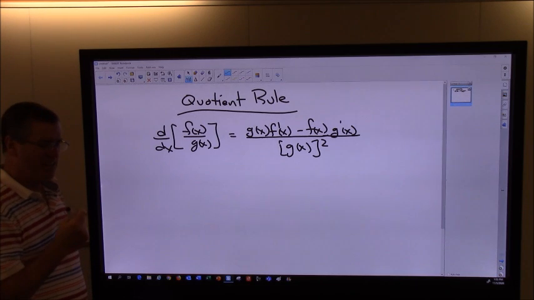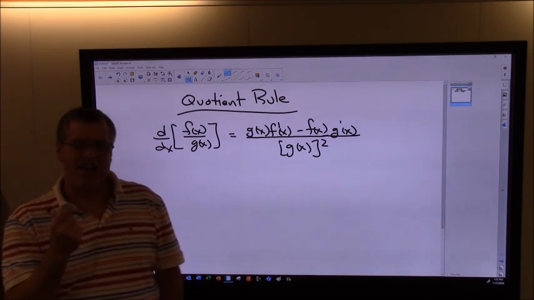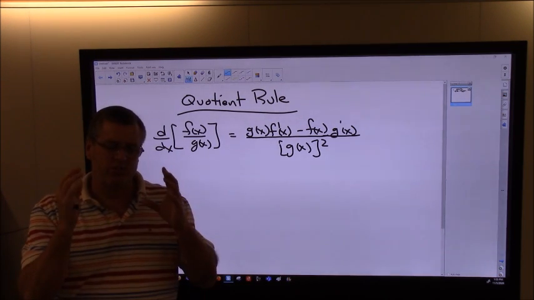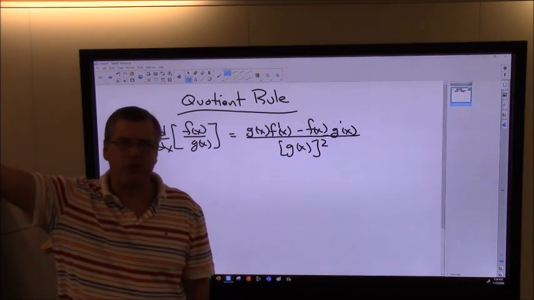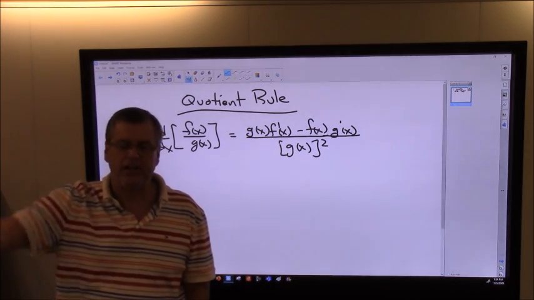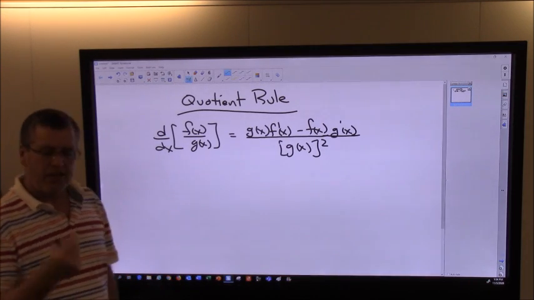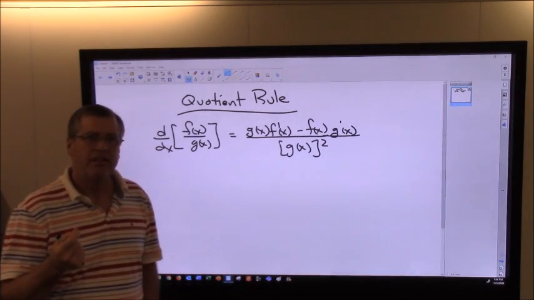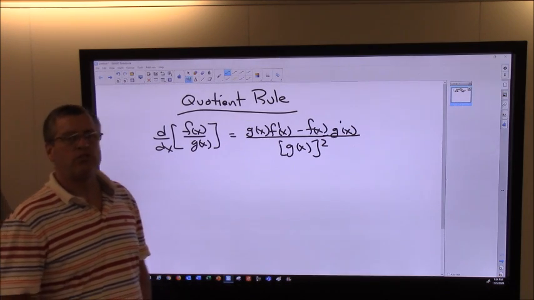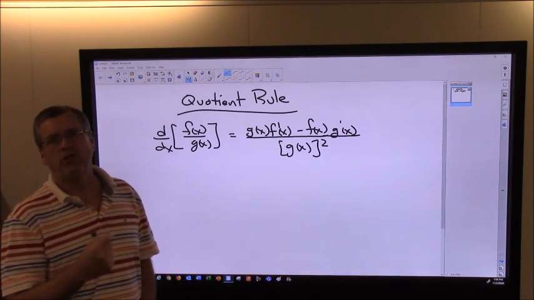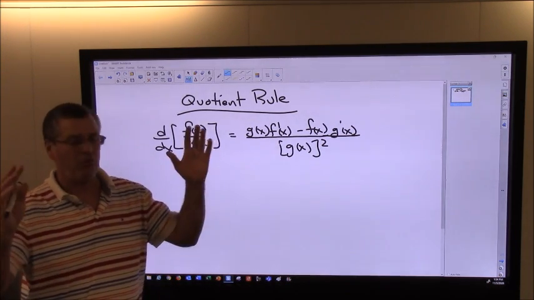And it's kind of funny because when I first learned this, there was this little saying that some kid in class said. This was at PLU 35 years ago, and I've never forgotten it. And it helps you with the quotient rule. What he said was low d high less high d low over low squared will go. What?